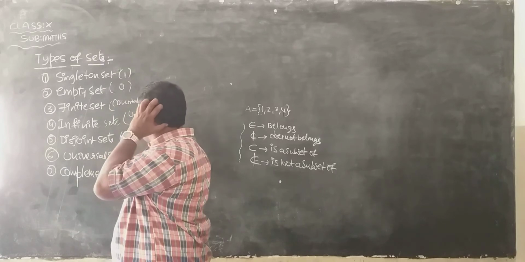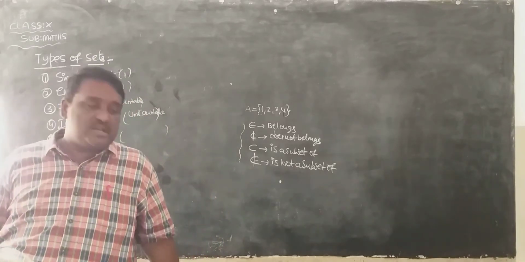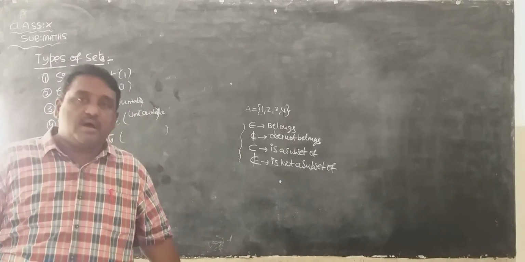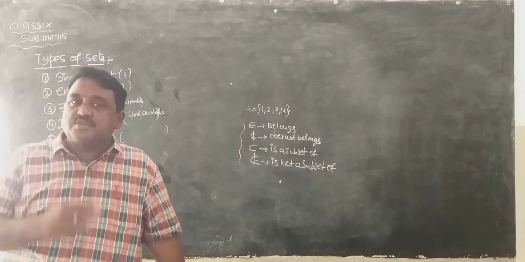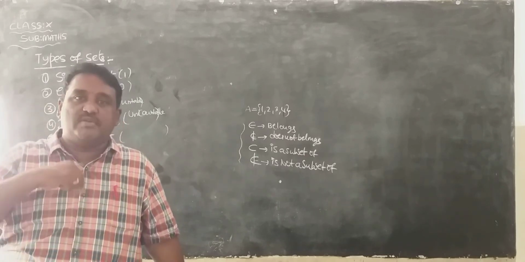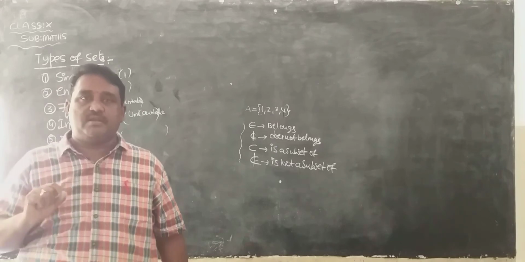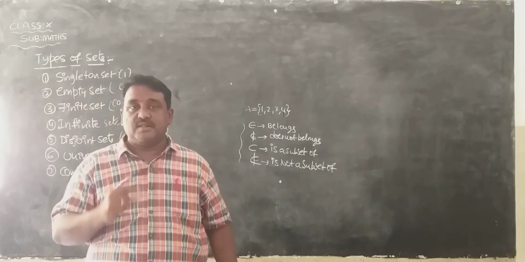Then disjoint sets. Disjoint sets means no common elements. Later we will see briefly about each and every one. First listen to me, a small introduction about types of sets.